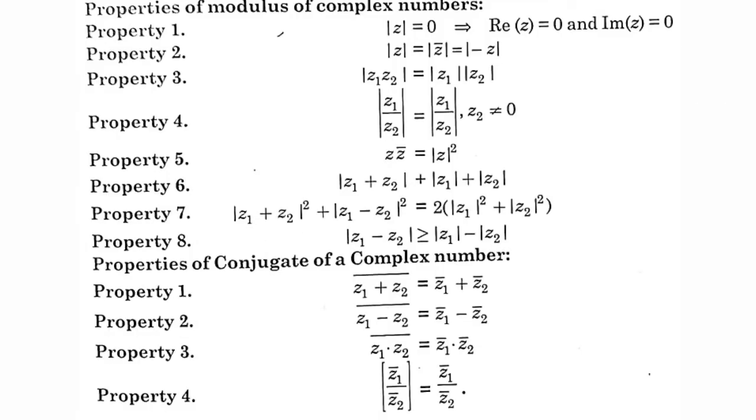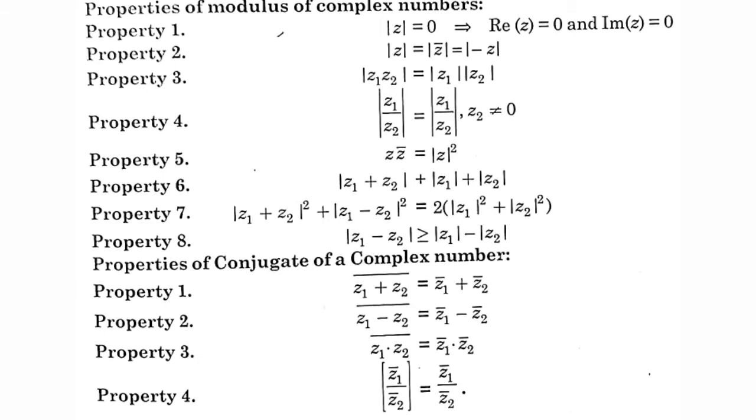Now the next topic is properties of modulus of complex numbers. First property: modulus of complex number z is equal to 0. It implies that the real part of z will be 0 and the imaginary part of z will be 0. Second property: modulus of z is equal to modulus of z bar is equal to modulus of minus z.